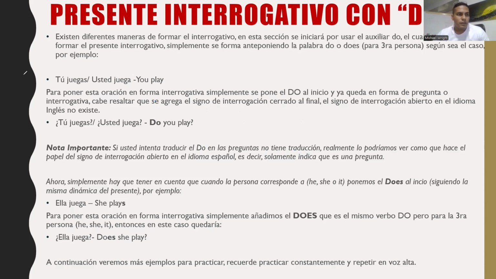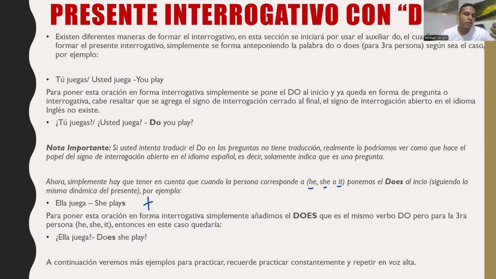Okay, so let's see the other side. Here we have he, she, or it. With he, she, or it, we use does at the beginning, right? So following the same dynamic of the simple present, we say "she plays," which is a positive statement.